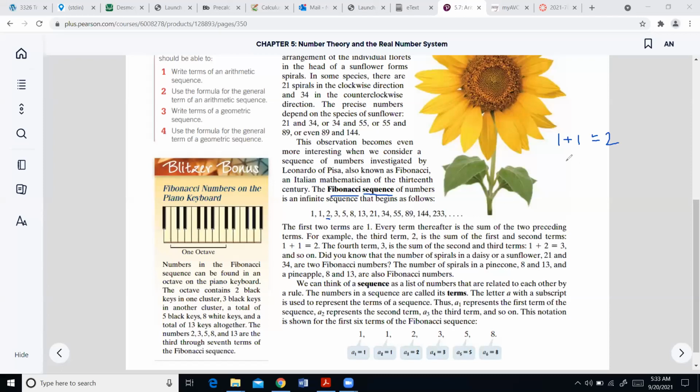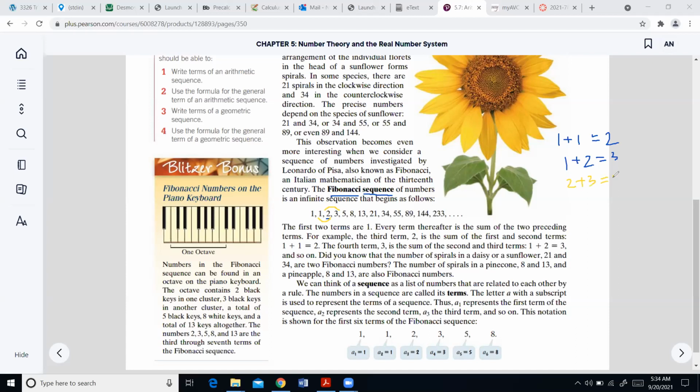Then he added 1 and 2 and produced 3. So what he was doing, basically, taking two numbers and adding them and producing the next one, 3. Once he ended with 3, then he added 2 with 3. You see what he's doing? And he produced 5.